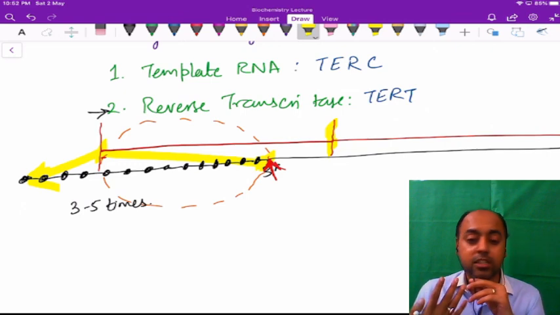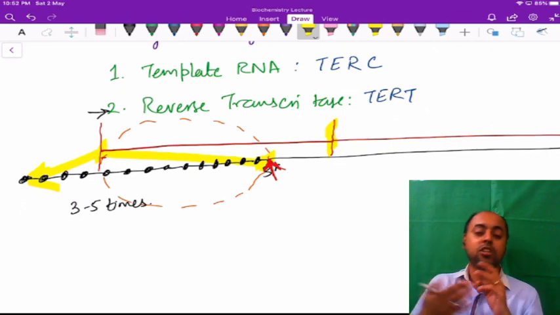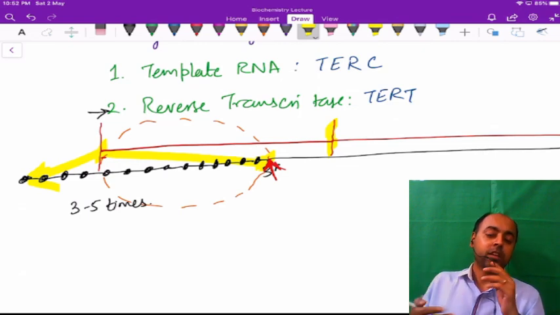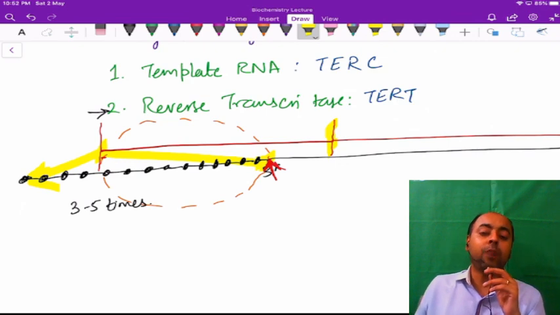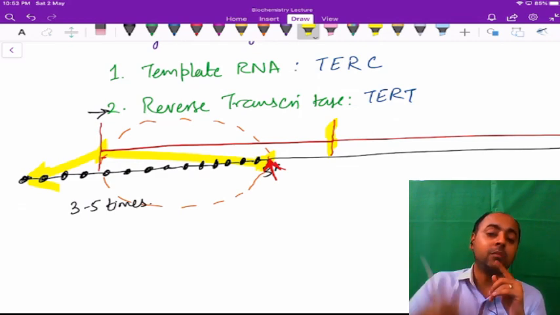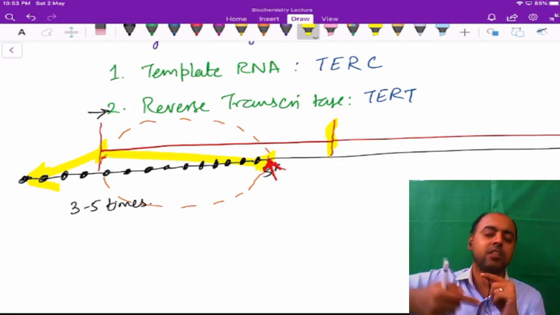Once the telomere is regenerated, those cells can divide an unlimited number of times, because now the Hayflick limit will not be hit. It is like playing hide and seek. I tell you to go and count backwards. So the person starts counting backwards: 70, 69, 68, 67, 66, and then you say dhappa. Start counting again, not from 70, but from 75: 75, 74, 73, 72, 71, 70, 69, and you say dhappa.